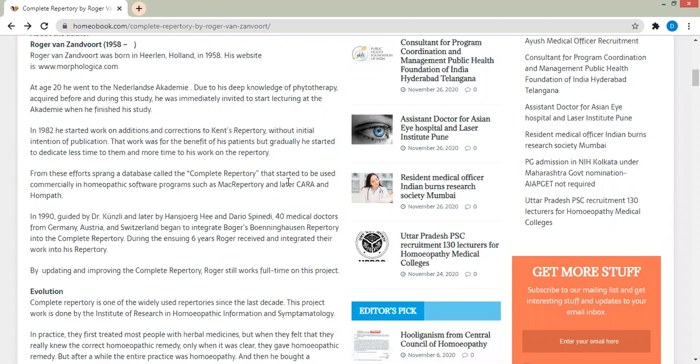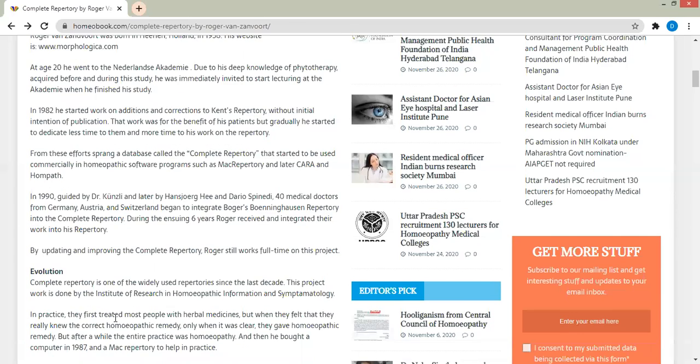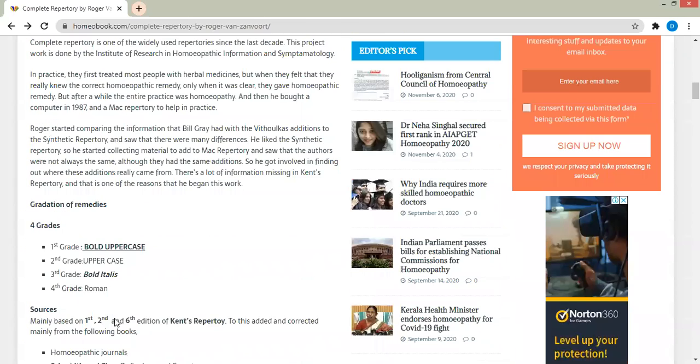These 6 years were the dedicated years of Professor Angur as well as other physicians who helped Dr. Zandvoort complete this unique work. The Complete Repertory has been one of the widely used repertories for the last decade. This project work was done by the Institute of Research in Homeopathic Information and Symptomatology.